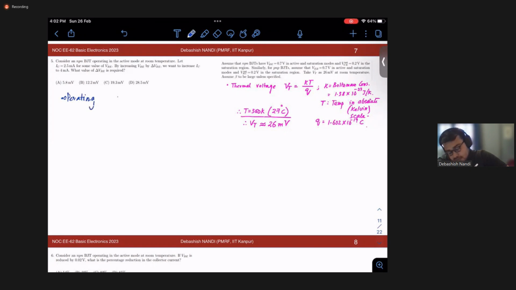Operating regions of BJT, right? Emitter base junction, and this is the collector base junction.